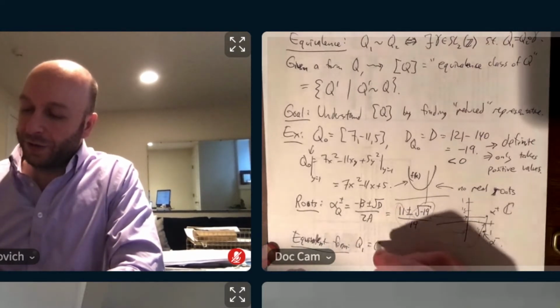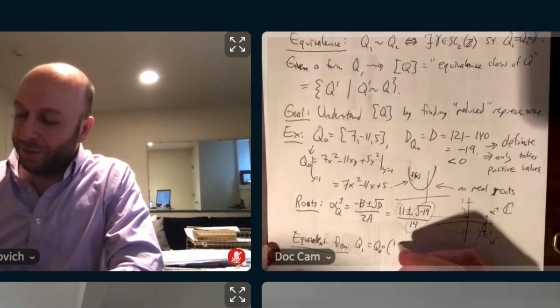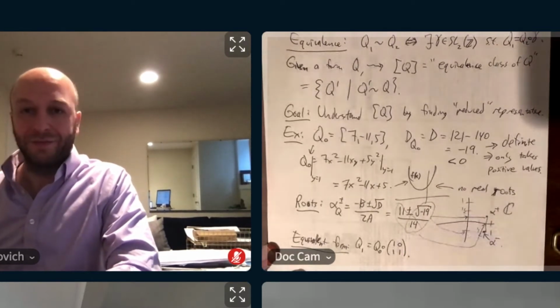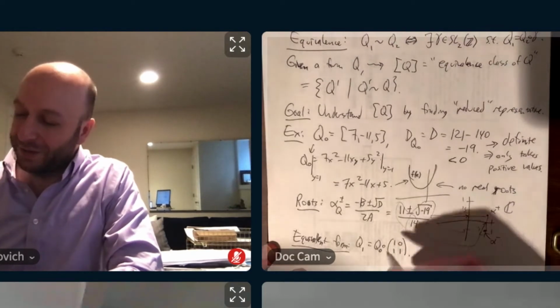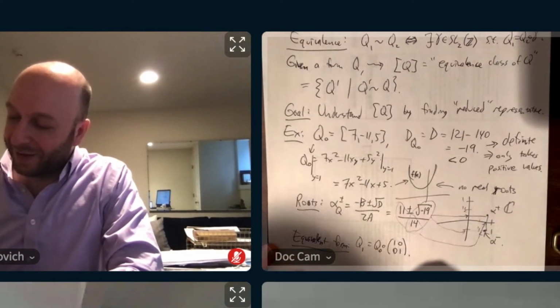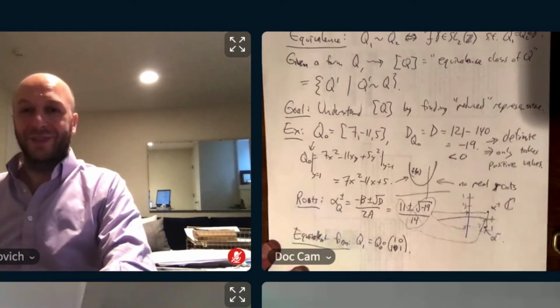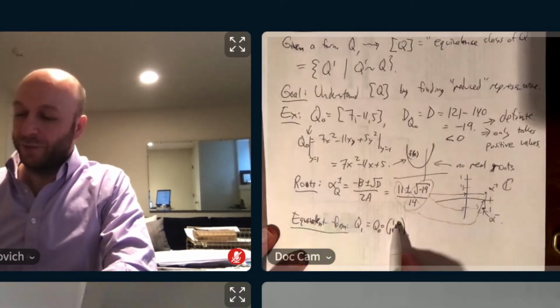Q1 was Q0 composed with, I don't know, was this one of the ones that we looked at? Actually, let's do this. No, actually this might be good. I think this might be good. So this is 1011.